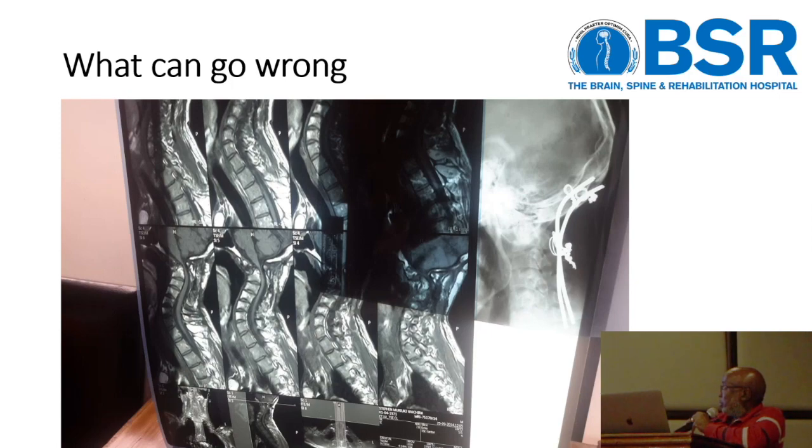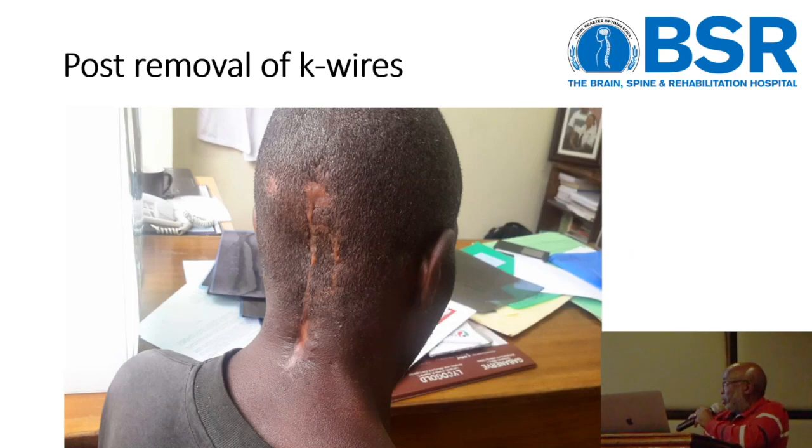I can't point, but you can see from the MRI on the other side that we've got it all wrong. The C2 is back into the canal. This patient also had infections. The points of the K-wires came out through the skin, and we actually had to remove most of those implants at some stage. We are lucky that he's still walking.